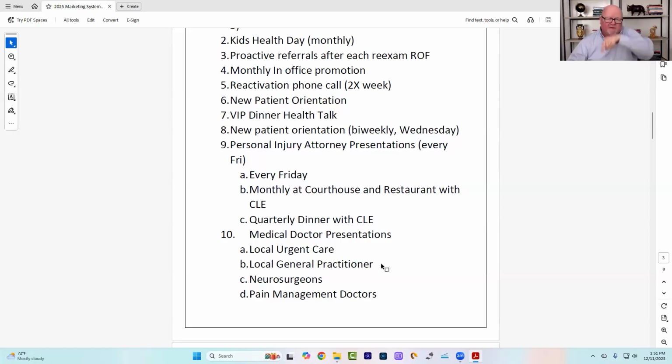Basically, it's a flyer with the 3 phases of healing and the need for the different types of care and why, and what causes permanent problems if they don't. I go into much greater detail when we cover that. But that's how you start getting referrals from your local general practitioners, your urgent care centers, your emergency care rooms.